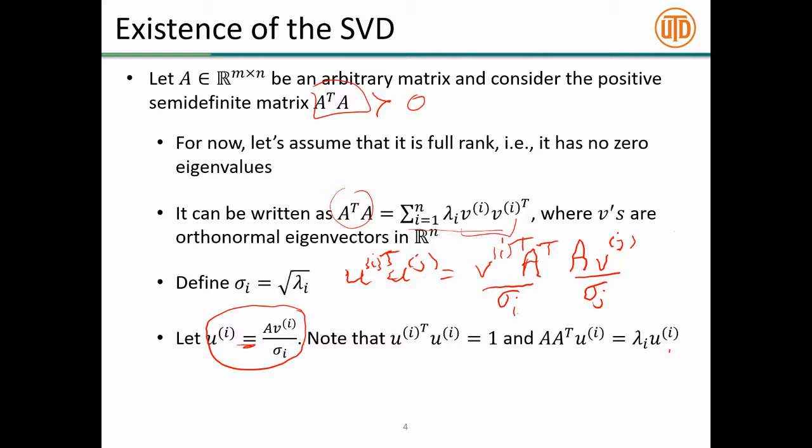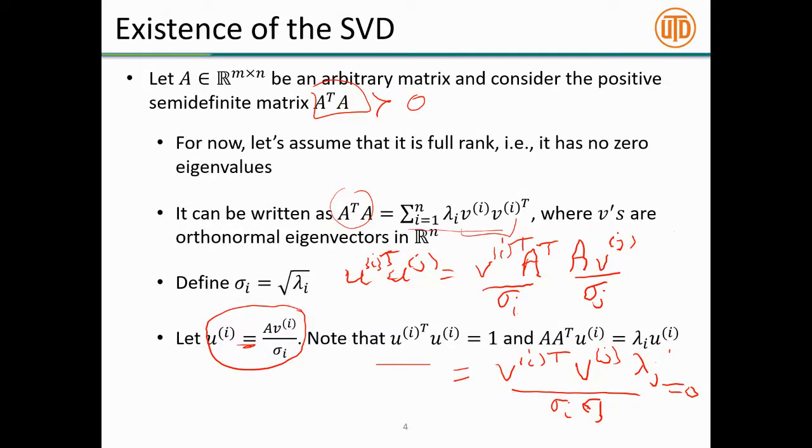Now again, using the fact that v_j is an eigenvector of A transpose A, I get that that expression is just equal to v_i transpose v_j times lambda_j, all of this divided by sigma_i sigma_j. But because the v_i's are the orthonormal eigenvectors of the matrix A, this expression is just equal to 0, right? Because v_i transpose v_j is equal to 0.